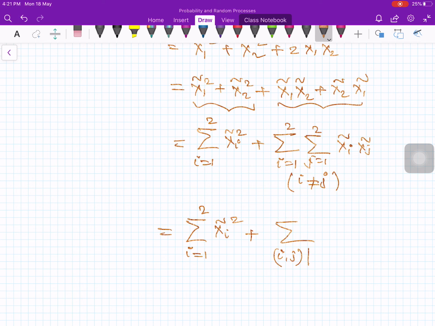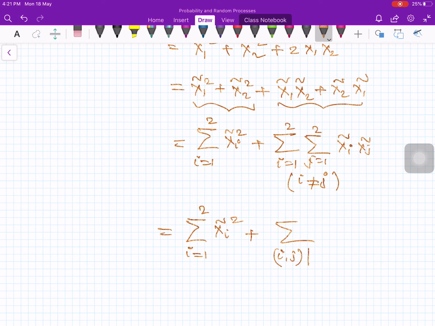Equal to, you take the expectation inside, therefore sigma i is equal to 1 to n, expected value of xi tilde squared, plus take expectation inside here also, over i comma j such that i is not the same as j.